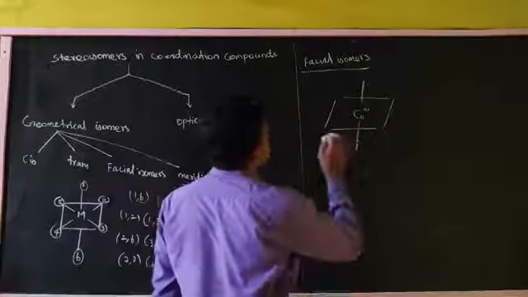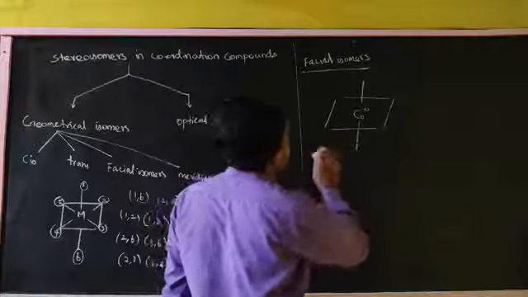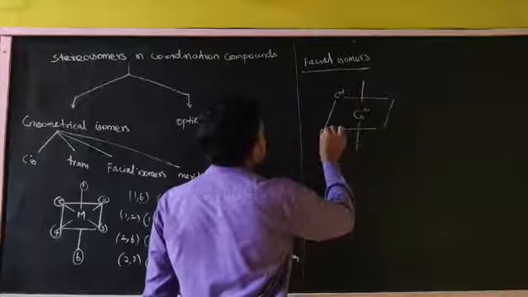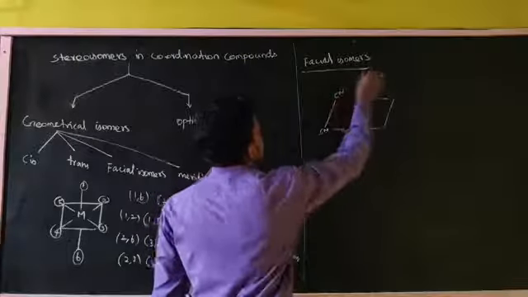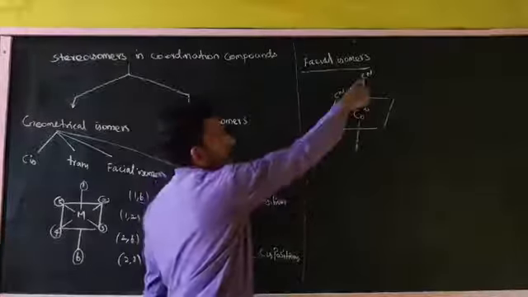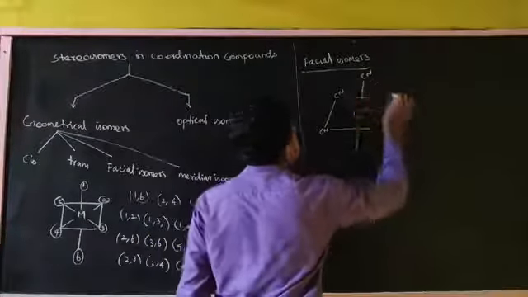Here, the facial isomer means 3 similar ligands are present at the corners of a triangular face, right?